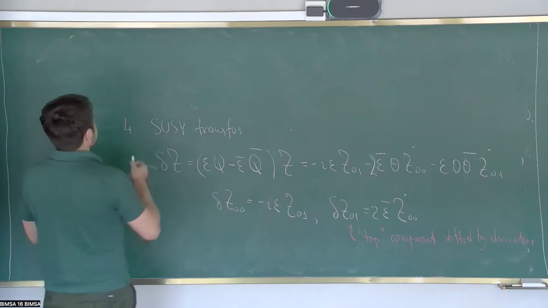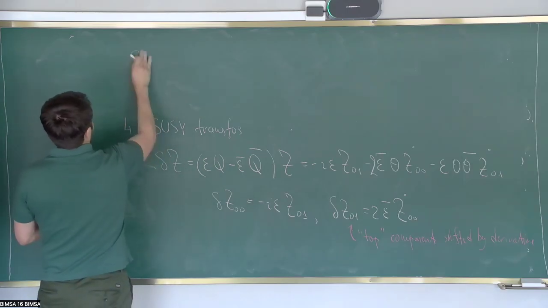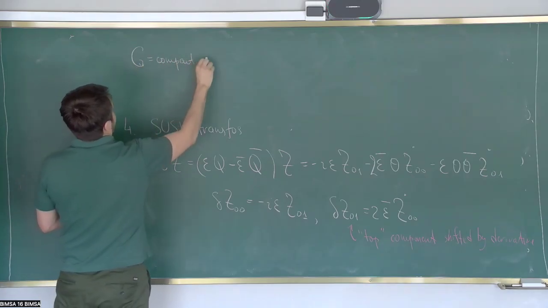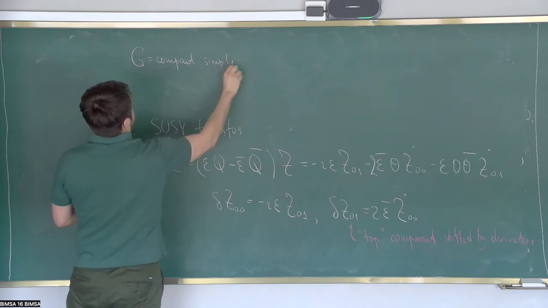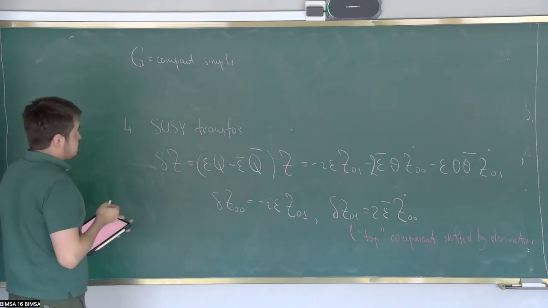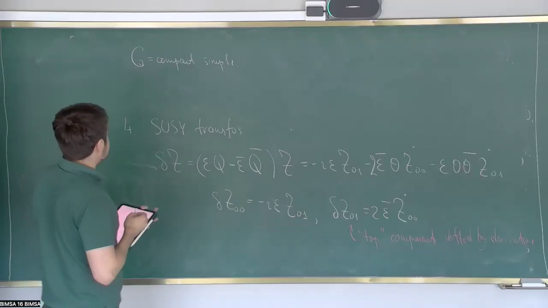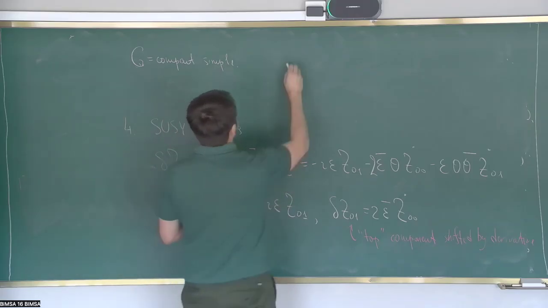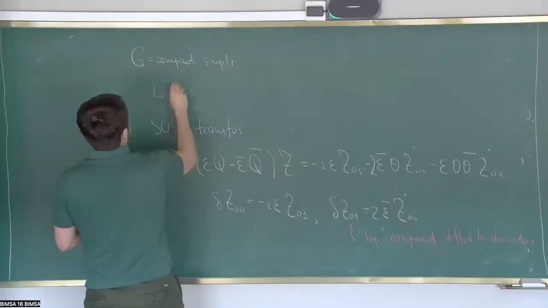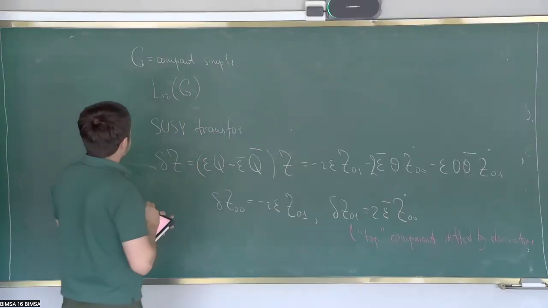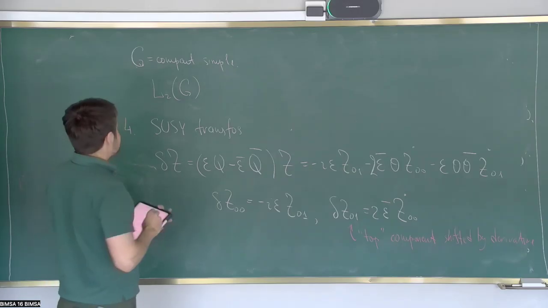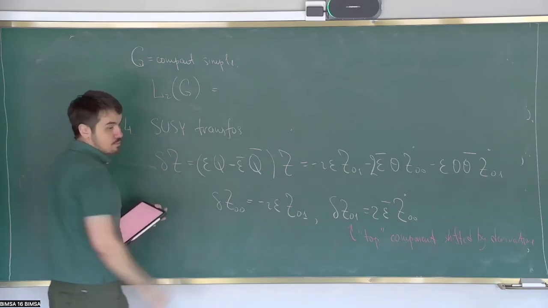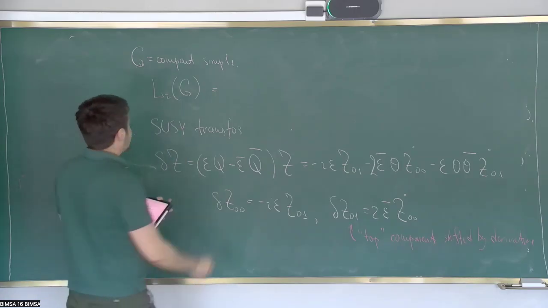So, for example, let's take say SU(2) or whatever G compact simple group. And you can consider the representation of G in L2 of G, right? On the space of square integrable functions. And we want to pick out an irreducible representation out of it, right?